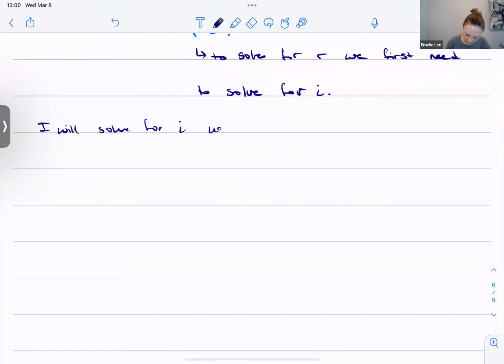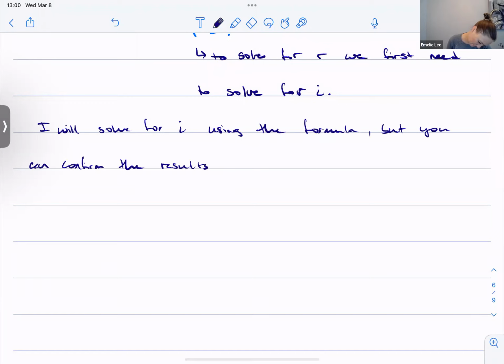I will solve for I using the formula, but you can confirm the results by solving for I per Y on your calculator, on the financial calculator.